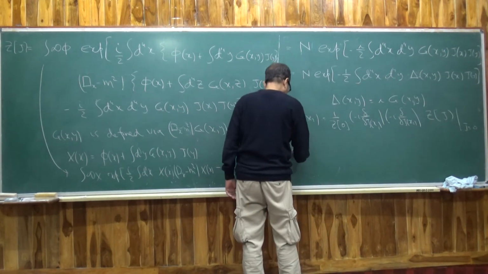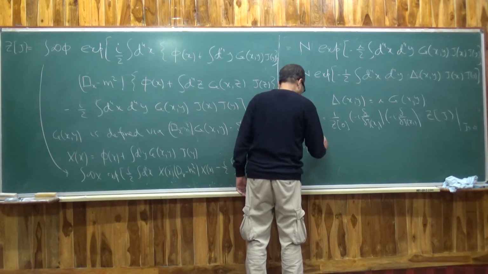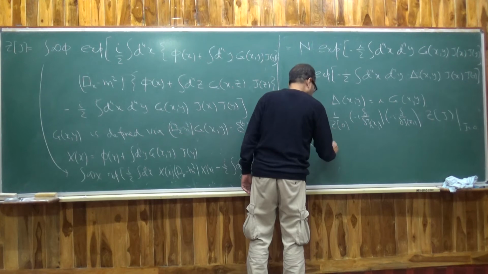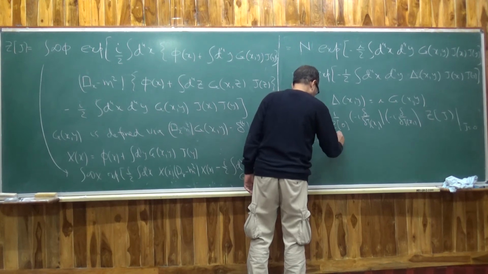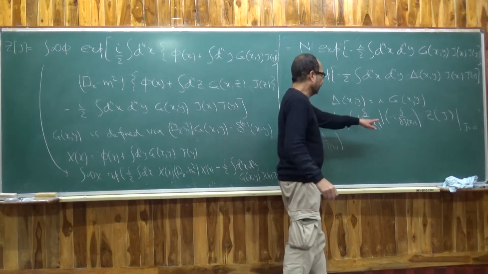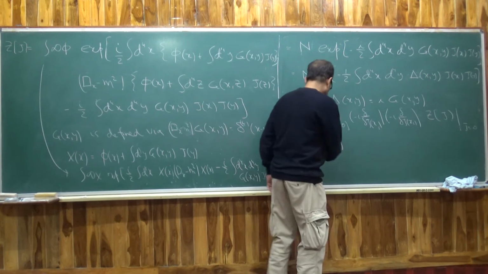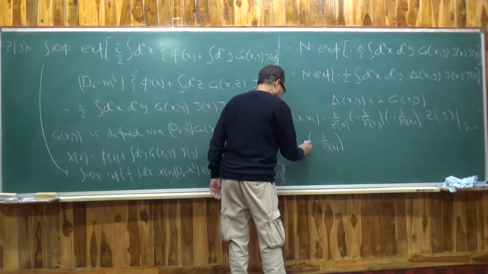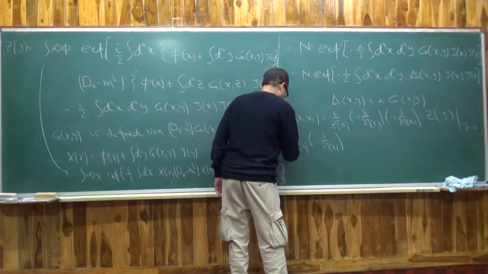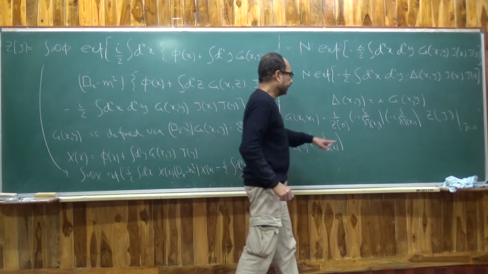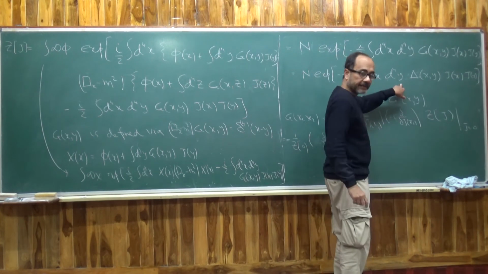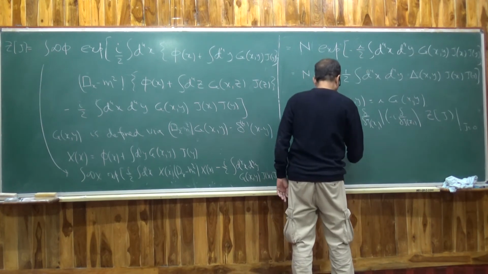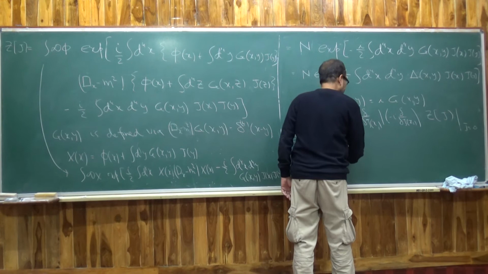Let me do it in 2 steps. So 1 over z of 0, so this one, sorry, let me forget about the minus. There is an overall minus sign. Delta delta j of x2 on this will give you n, let me write the factor first, minus.